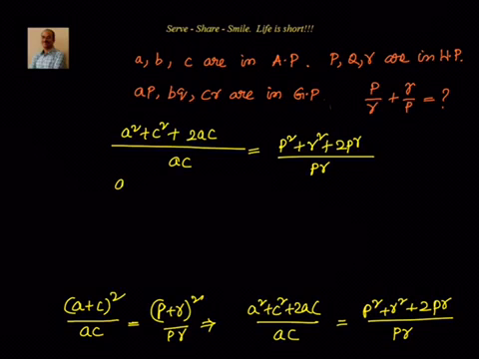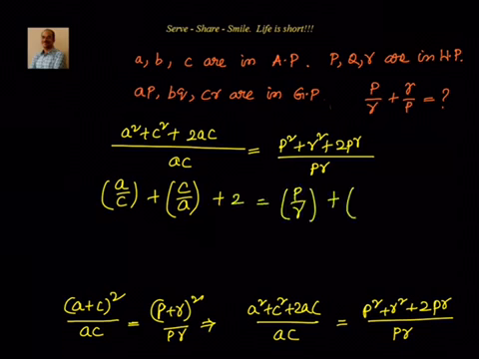A square by AC is A by C plus C by A plus 2 is equal to P by R plus R by P plus 2. I can cancel 2 on both sides. I can do that. Then I got my answer. P by R plus R by P is nothing but equal to A by C plus C by A.